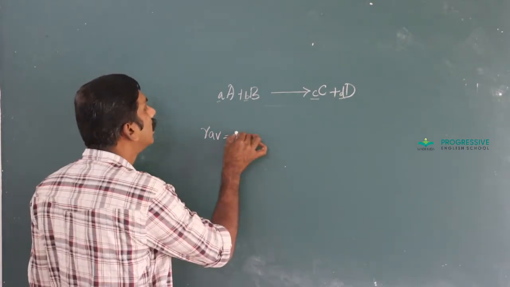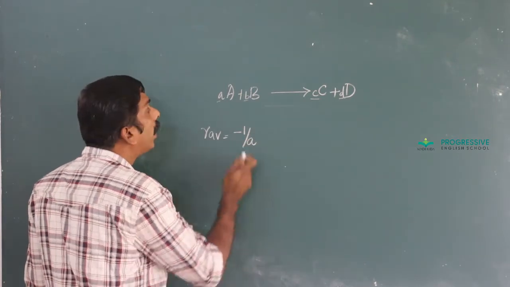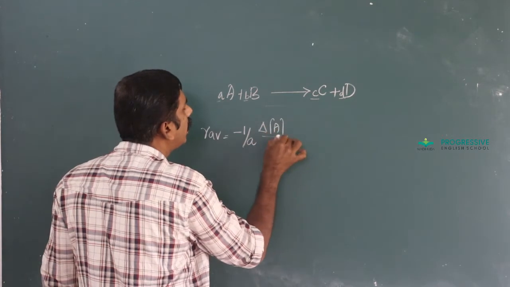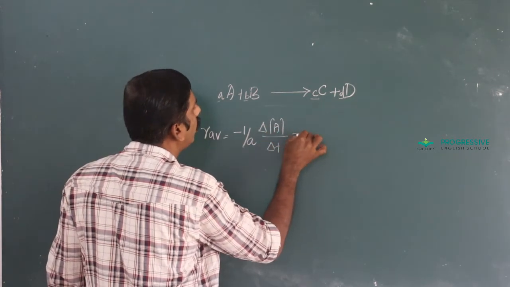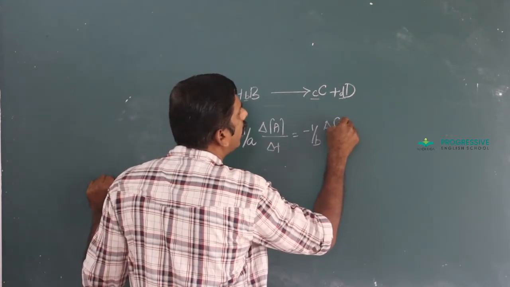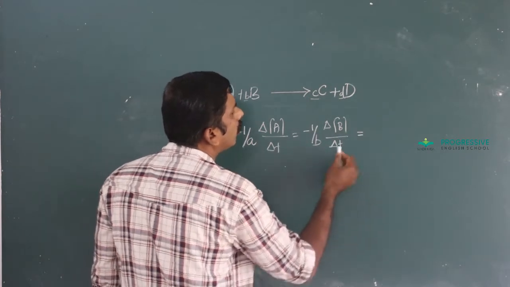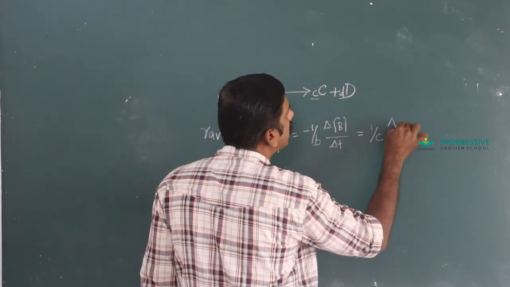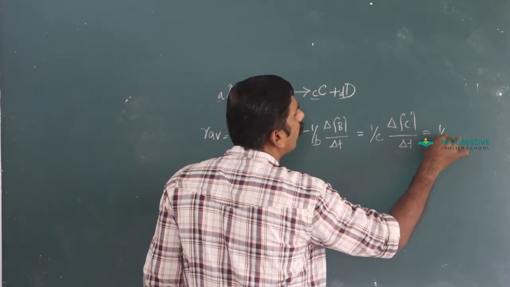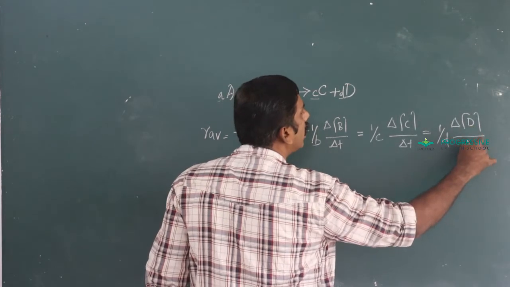In this case, the average rate is expressed as minus 1 by a, delta A by delta t, equals minus 1 by b, delta B divided by delta t, equals plus 1 by c, delta C by delta t, equals 1 by d, delta D by delta t.